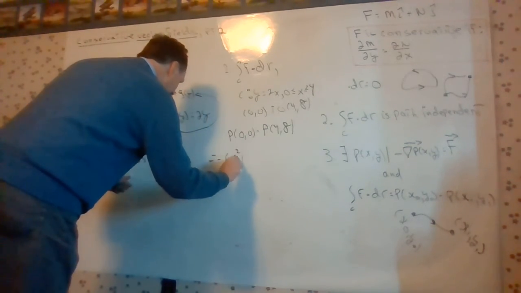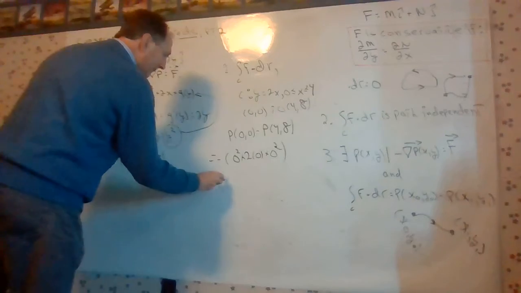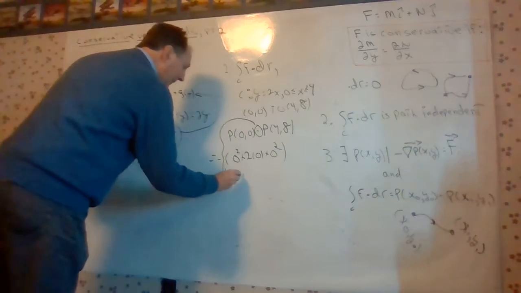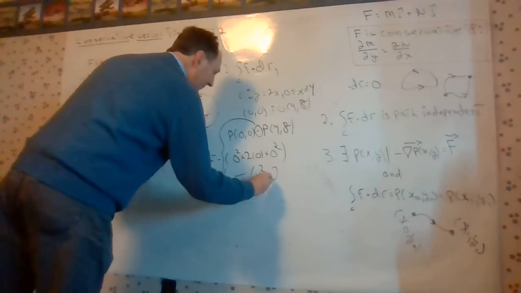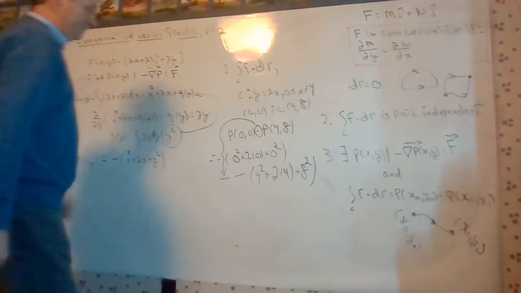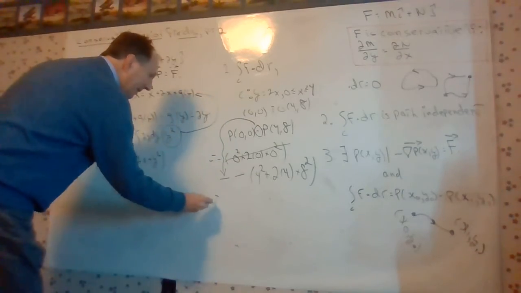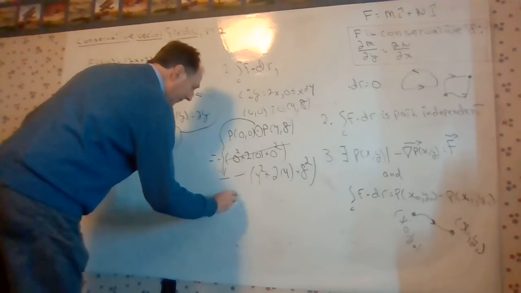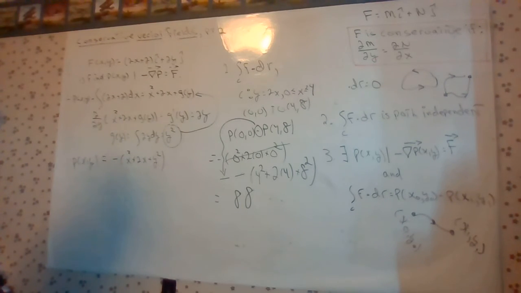We get negative 0 squared plus 2 times 0 plus another 0 squared, minus, this minus is that minus right here, negative 4 squared plus 2 times 4 plus 8 squared. This is all 0, that goes away. Negative, negative is positive. And guess what? We have 16 and 8 is 24, and 24 and 64 is 88, quite simply put. Okay, makes sense.